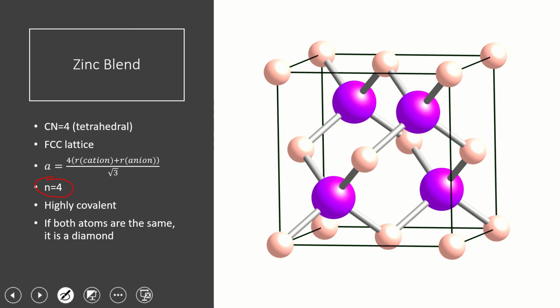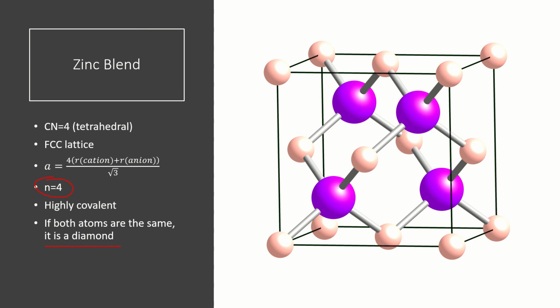It is highly covalent, and if all the atoms are the same, it is also called a diamond. So it is the structure of a diamond, but to be a diamond, it needs to be all the same atoms. And that is all for the crystal structures of ceramic materials. That completes a review of the structure of the unit cell for ceramic material.